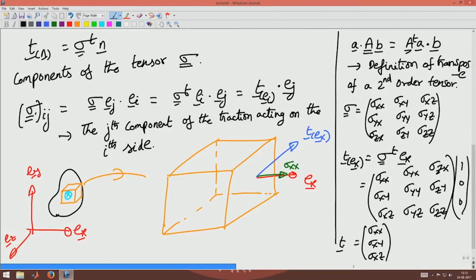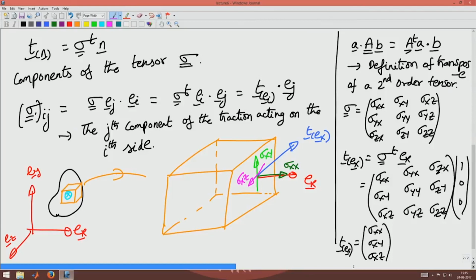So, this is T of Ex. The component of T of Ex along the Ex direction is sigma xx. Similarly, sigma xy would be the component of T of Ex along the Ey direction, and sigma xz would be the component of this traction along the z direction.